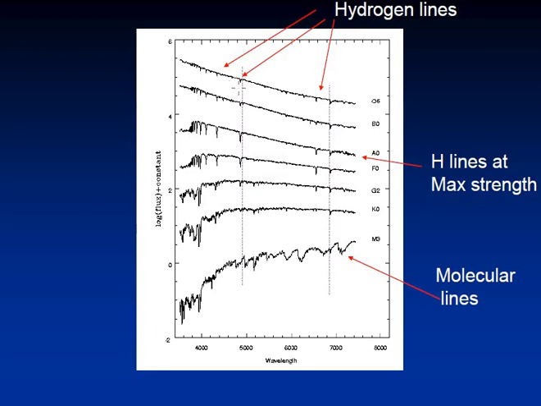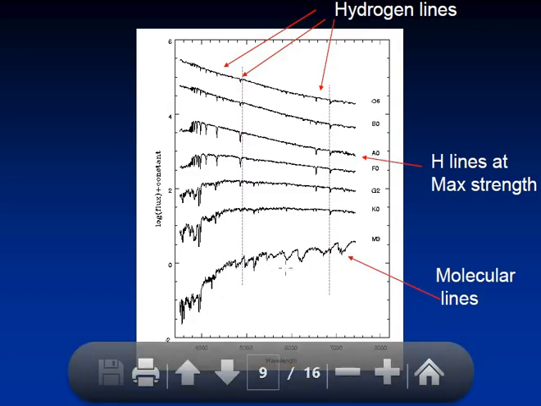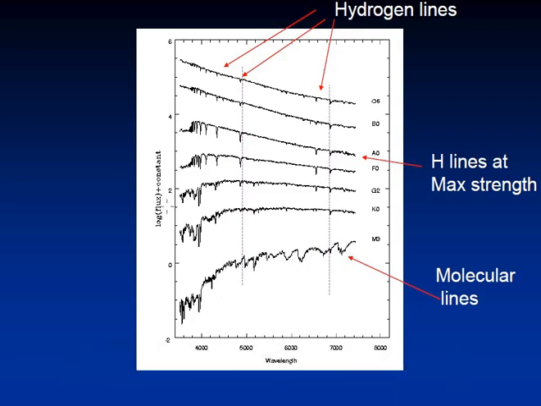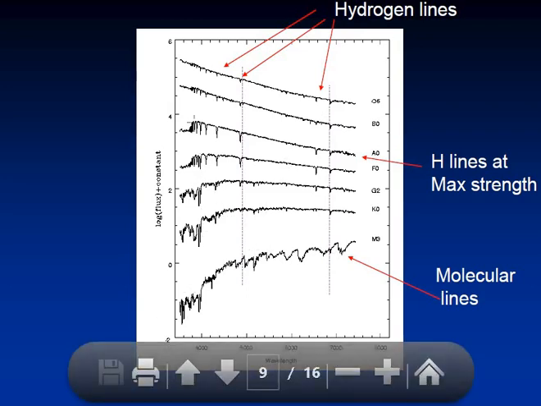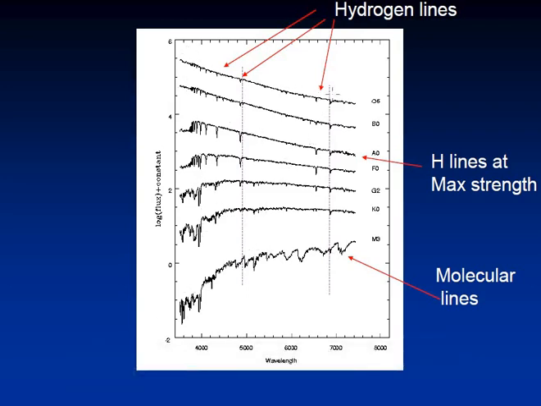Also, you can see the hydrogen lines. Here, these are the hydrogen lines. Note that the hydrogen lines are at maximum strength here and these are the molecular lines. Also note the difference in shape. The shapes are not the same. We will use Wien's law to interpret the different shapes later on.